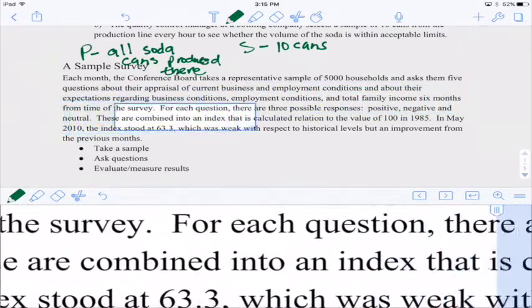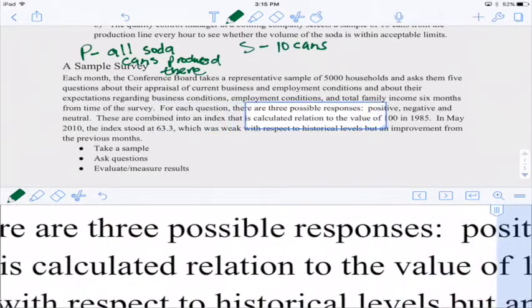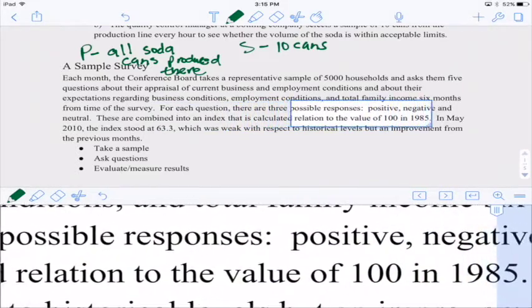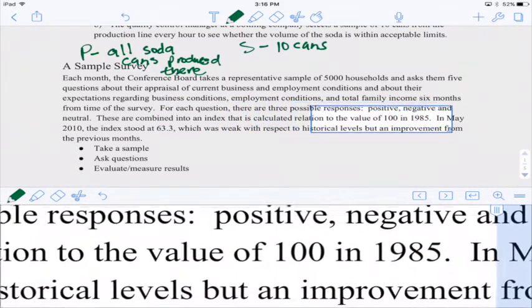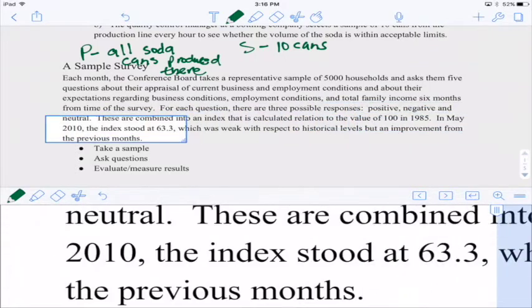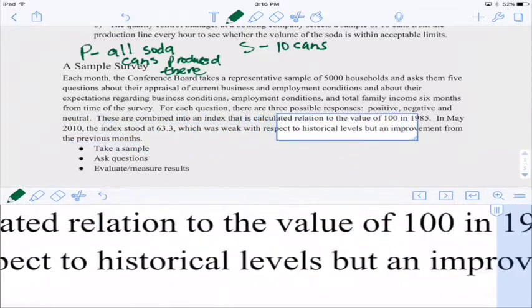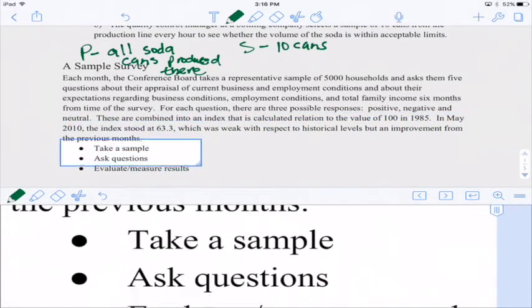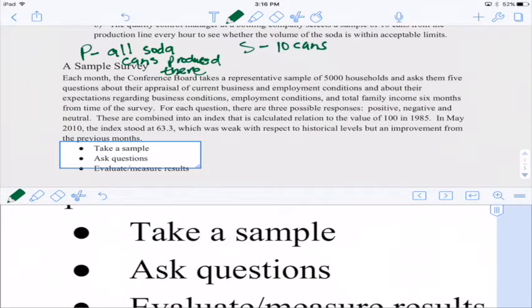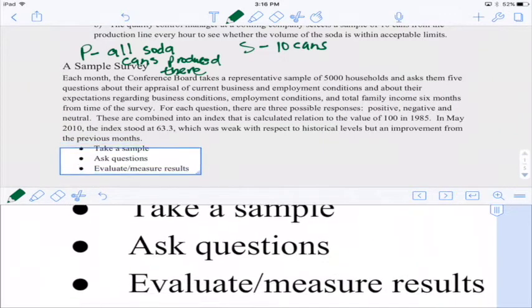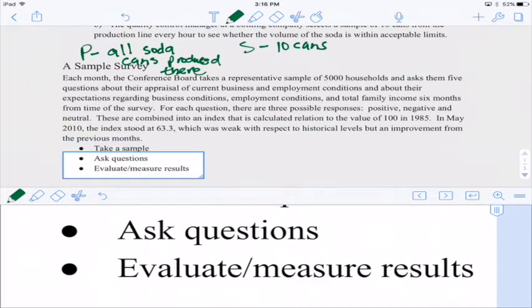These are combined into an index that is calculated in relation to the value of 100 in 1985. In May 2010, the index stood at 63.3, which was weak with respect to the historical levels, but an improvement from the previous months. So we want to take a sample, ask questions, and evaluate and measure the results.